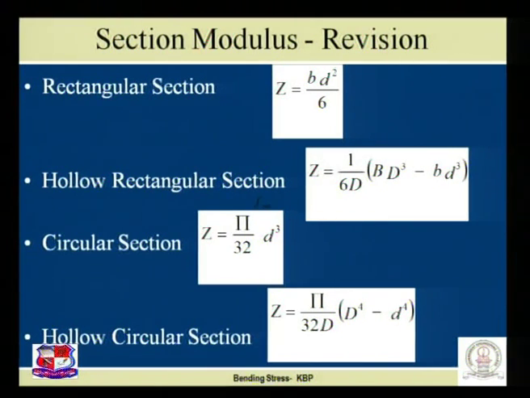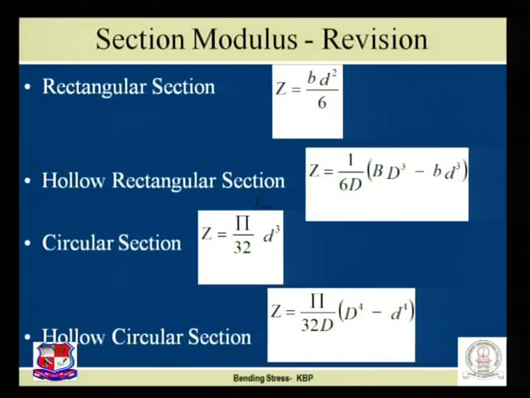For hollow rectangular section, Z is equal to 1 by 6D bracket BD cube minus small bd cube, while capital B is the outer width of hollow rectangular section, small b is the internal width of section, D overall depth of section, while small d is the internal depth of section.